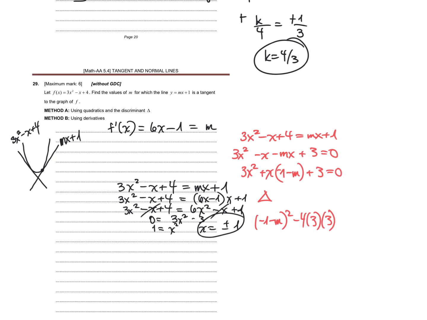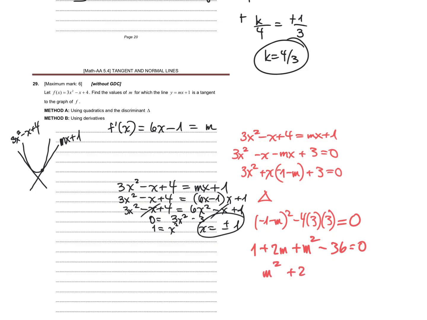And we want to see when they intersect. Okay, so we're going to have 1, hold on, so 1 plus 2m plus m squared when we distribute that out, and minus 36 equals 0.